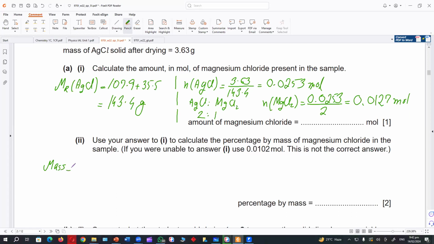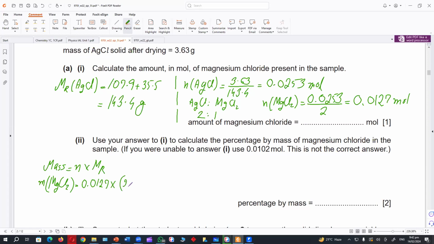Mass is equal to number of moles into Mr. So for magnesium chloride, it is 0.0127 into Mr. What is the Mr of magnesium chloride?